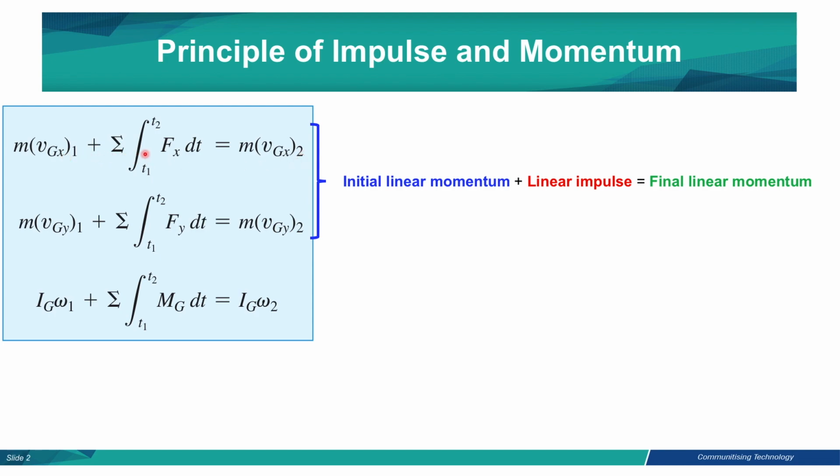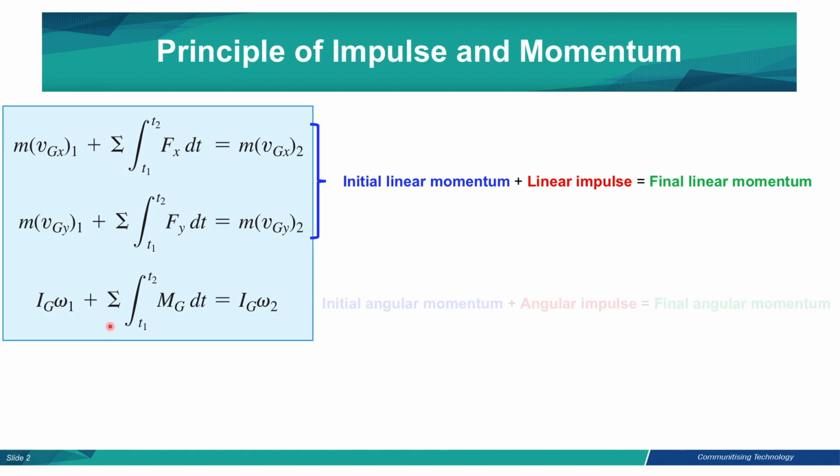This is pretty much similar to the principle of work and energy. Previously, we had initial kinetic energy plus the total work done equal to final kinetic energy. For this chapter, impulse and momentum, we have initial momentum plus the total impulse equal to the final momentum. So these two equations represent the linear impulse and momentum.